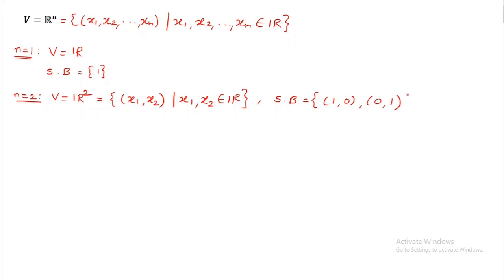We have already seen this example before, and I will call this vector E1 and this vector E2. Basically, these are the standard notations that I use.